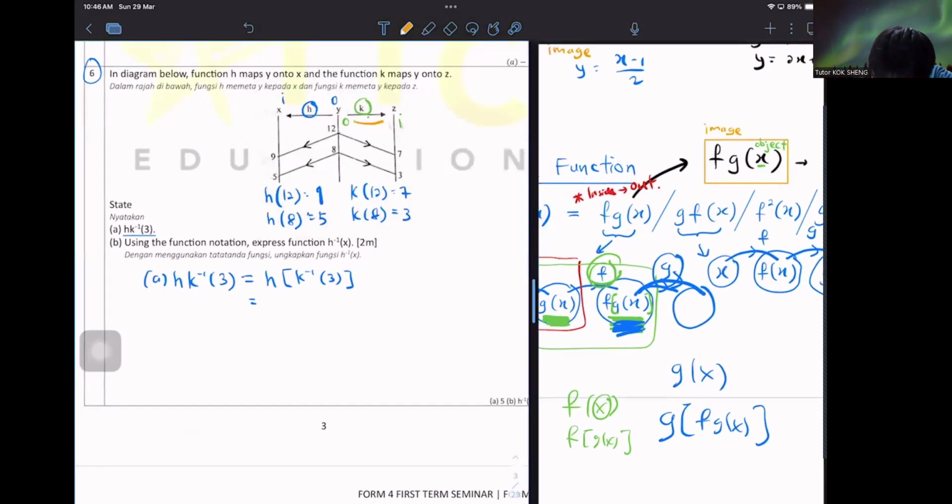This one goes back. So we know k inverse of 3 already: right to left, 3 is the object, 8 is the image. So 8 is k inverse of 3.